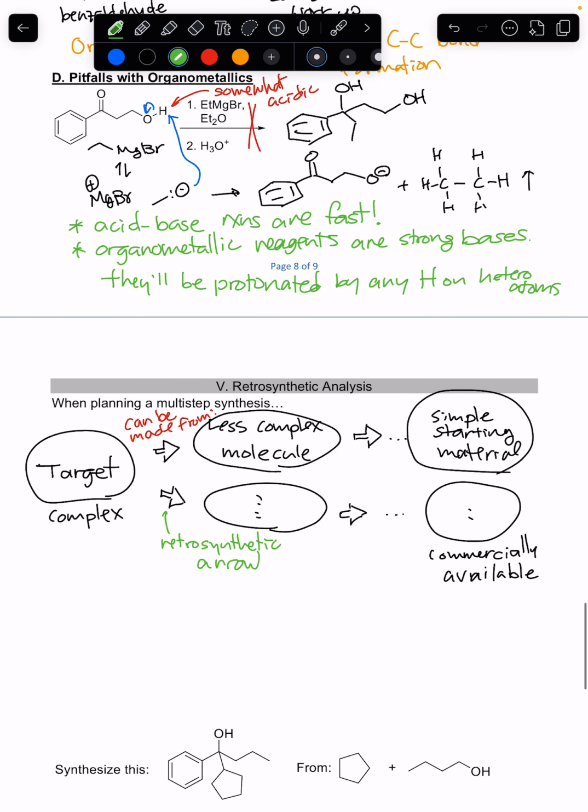So you break that complex target molecule down to simpler and simpler molecules until you get back to simple starting material that you can buy. That's the idea. This process is also often called dissecting a molecule.